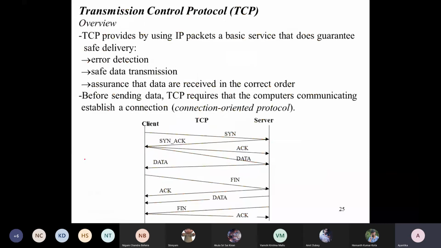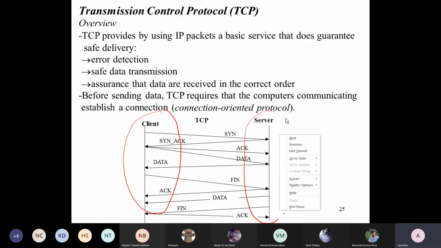Next comes the concept of Transmission Control Protocol, TCP. TCP is important when IP fragmented packets need some guarantee of safe data transmission. From client to server, you can send the data directly and not be concerned about whether the data is actually transmitted or not.